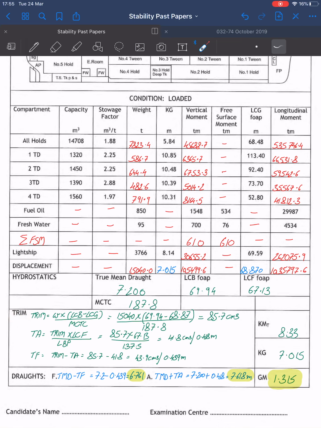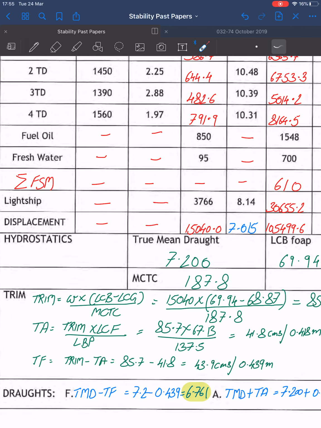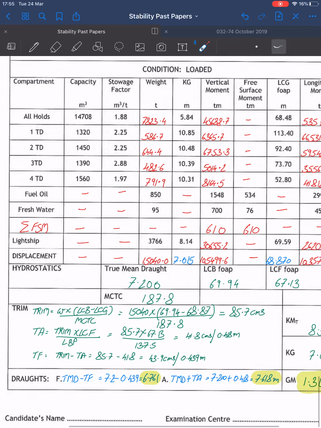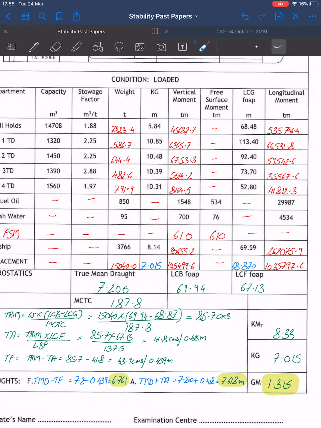To find out trim, we use the formula: trim is equal to W times (LCB minus LCG) divided by MCTC. Now let's compare these two values. This is the LCG, which is 68.870, and this is the LCB, 69.94 meters.